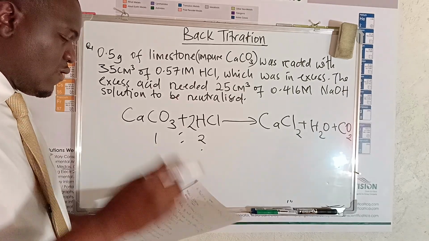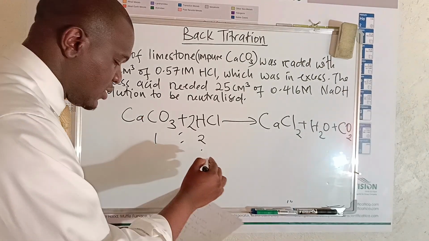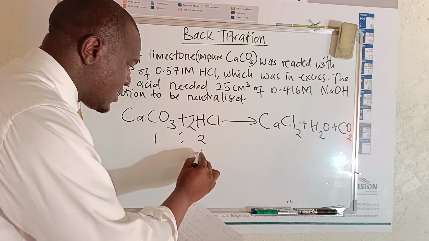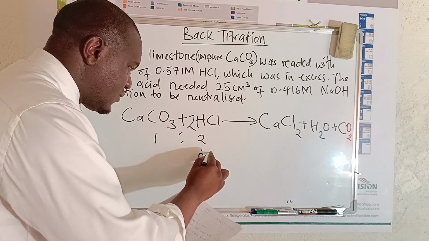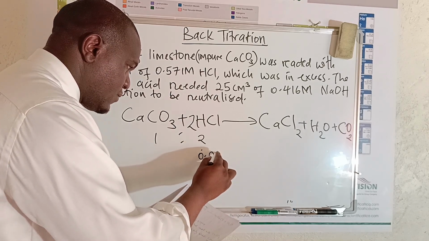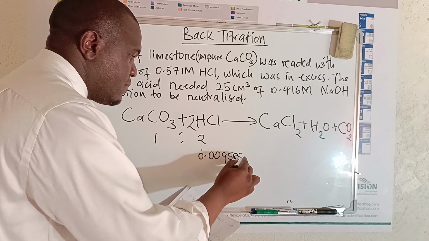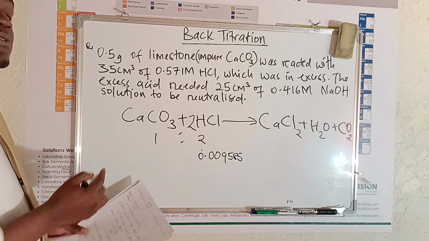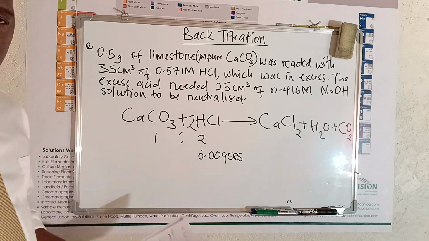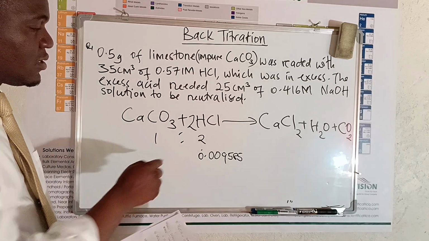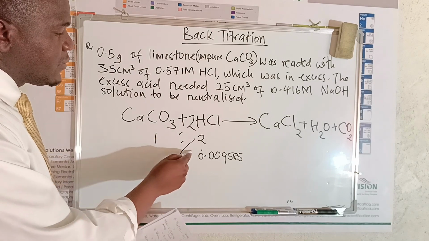That is what we have just worked out here. The moles of acid that react with the calcium carbonate, we have established that this one is 0.00955 moles. Now from the mole ratio, we can get the moles of calcium carbonate in the limestone just by simple cross multiplication.